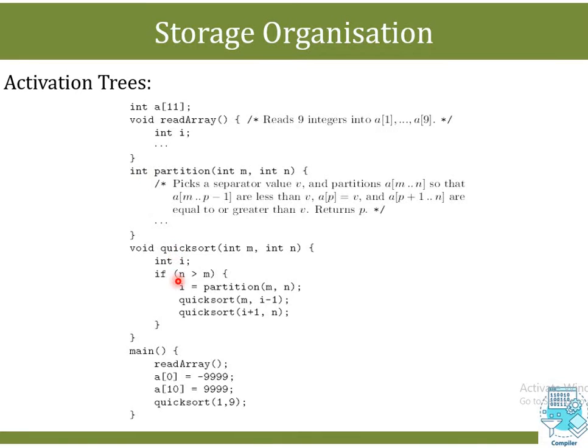And then you have a third function called quick sort. For this quick sort, you are giving the lower bound and also the upper bound. What this function does is it checks whether the upper bound is greater than the lower bound. If it is, you partition the elements, and then again perform quick sort for the left side set of elements, and then quick sort for the set of elements present in the right side.